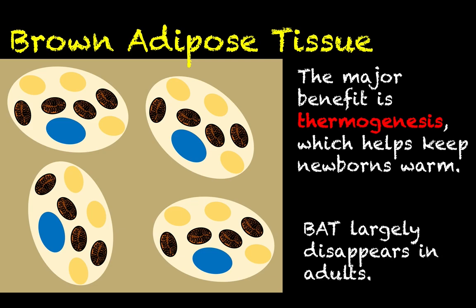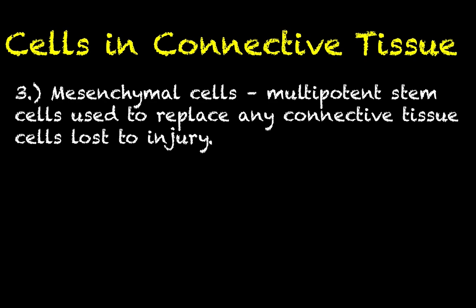As such, brown adipose tissue largely starts to disappear in adults because we by then have developed our thermoregulation systems by using our hypothalamus to sense when the body temperature gets too hot or too cold. So we don't really need the brown adipose tissue anymore. So we largely do not have very much of this stuff by the time we reach adulthood.